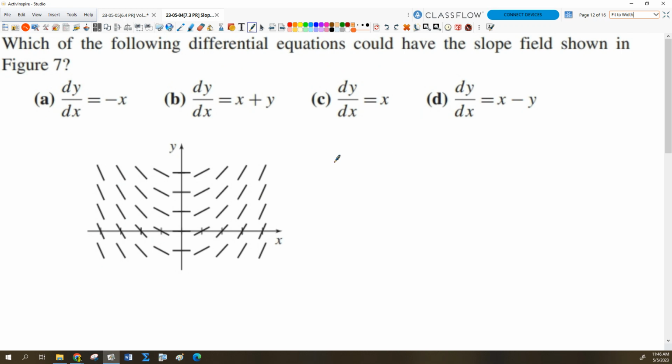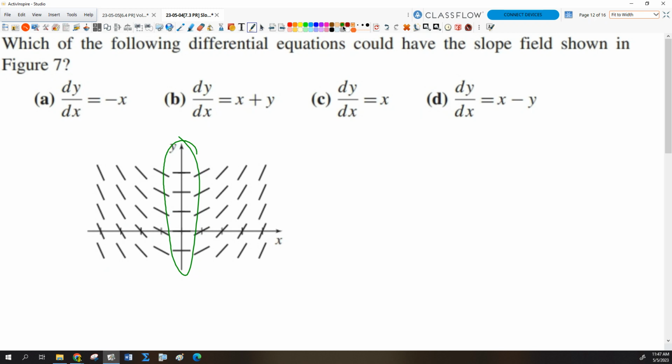You notice anything interesting about that slope field? Yeah, look at this right here. The slope is 0 at x equals 0, right? And it doesn't depend on y. Something else you notice is that you look at any column and the slopes stay the same, right?